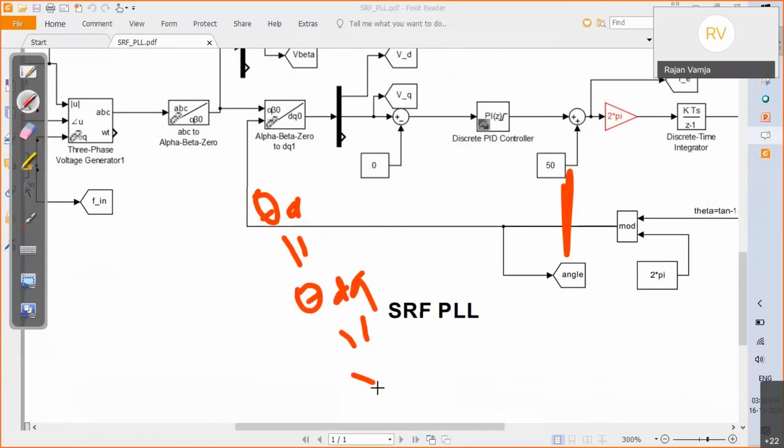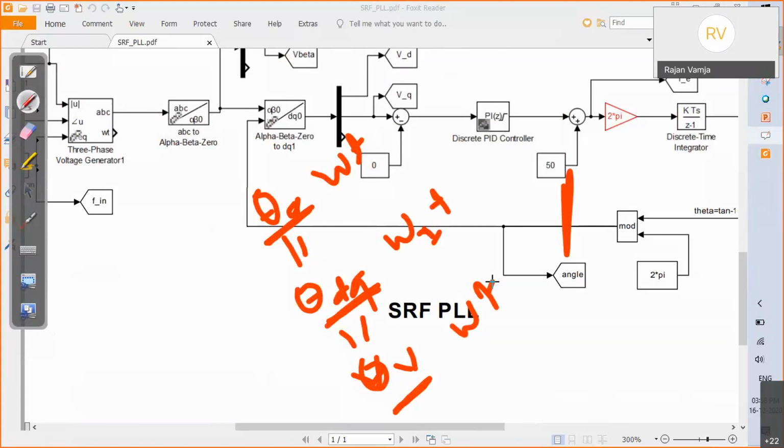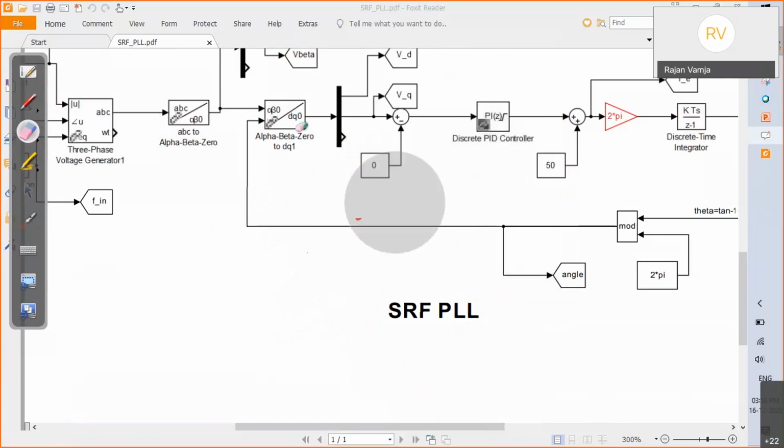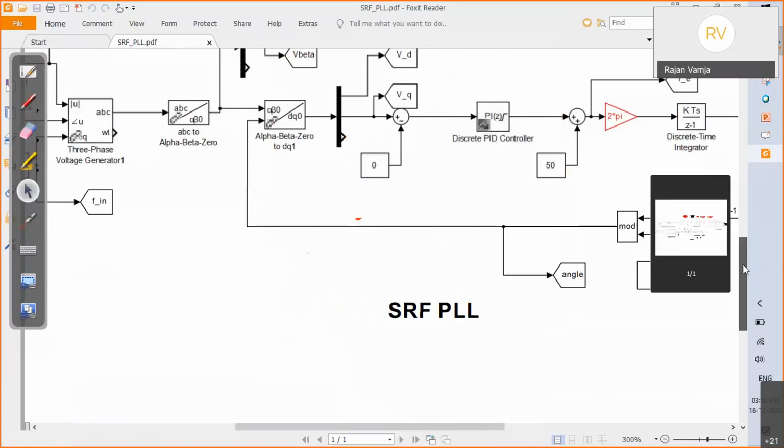The dq axis angle as well as the A voltage angle, these three are set. That is the vector angle. We have achieved this by this PLL controller, which is inside the control.